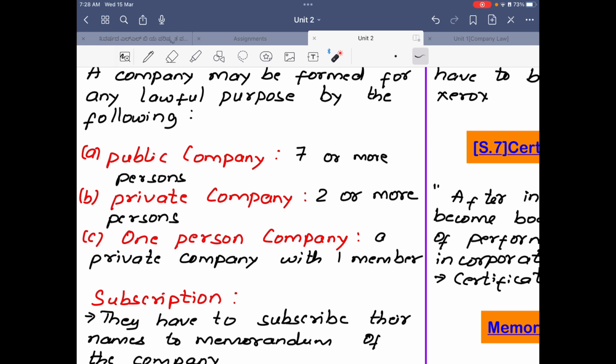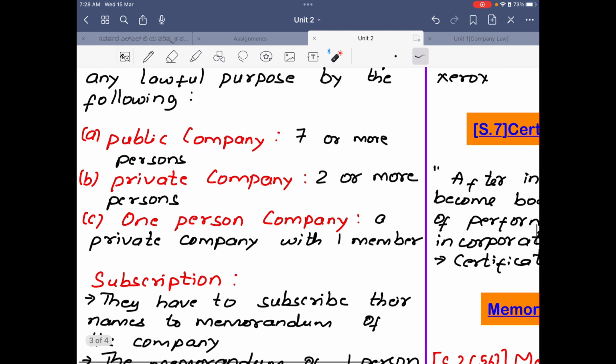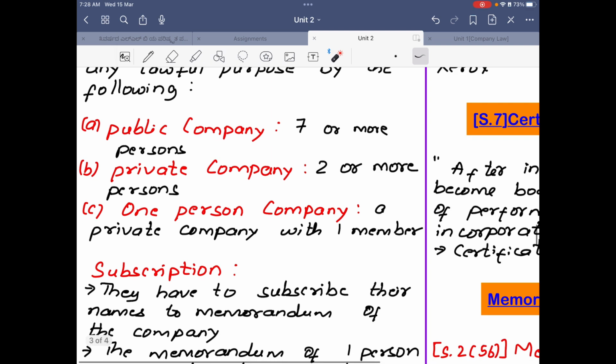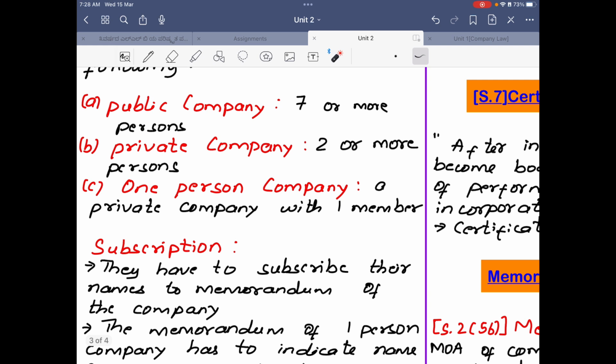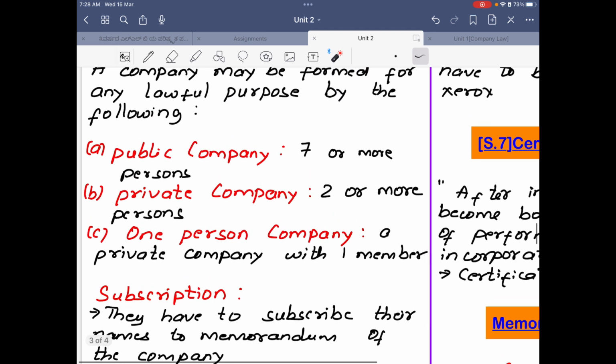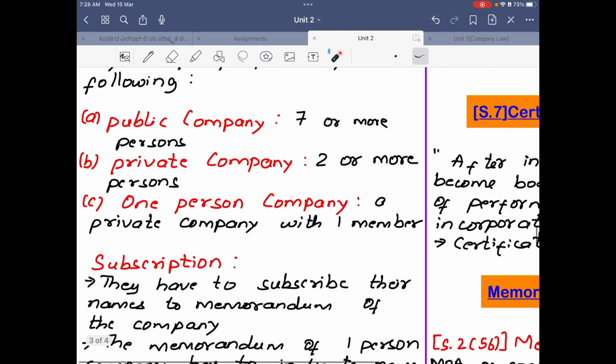Then for a private company, we need 2 or more members. Then a one-person company, a private company with 1 member only. So this is the formation of a company, section 3.